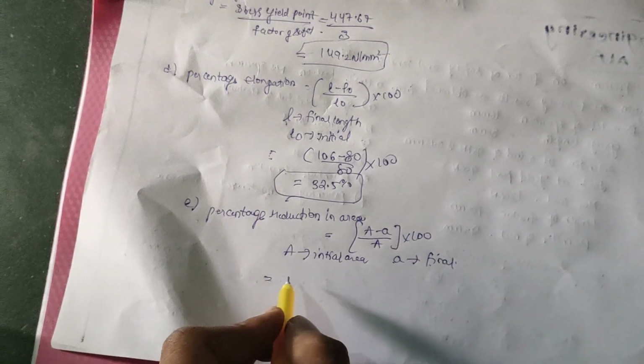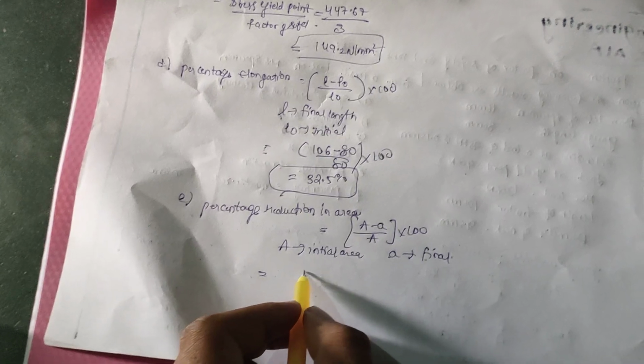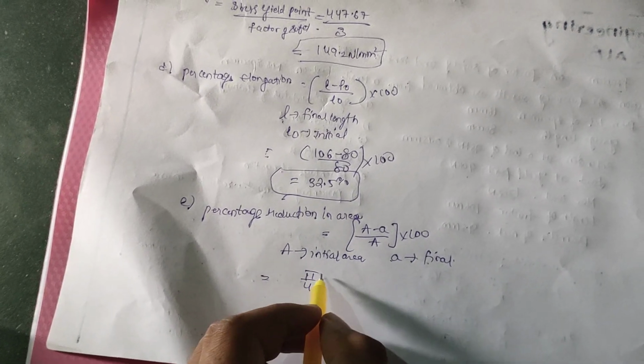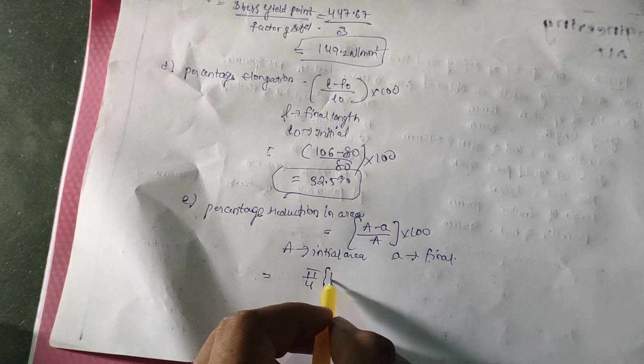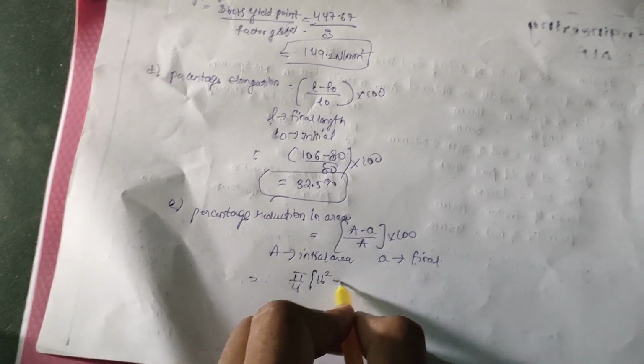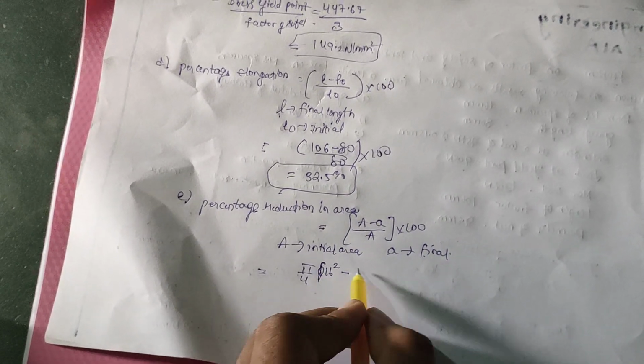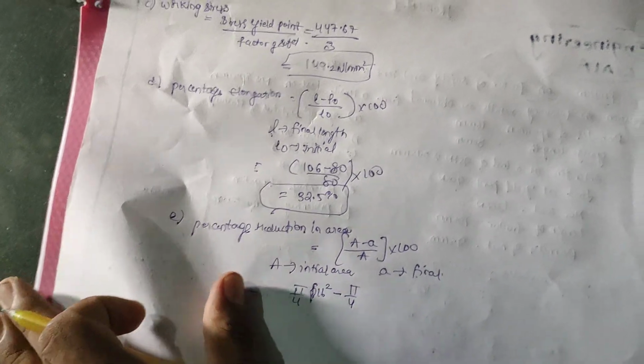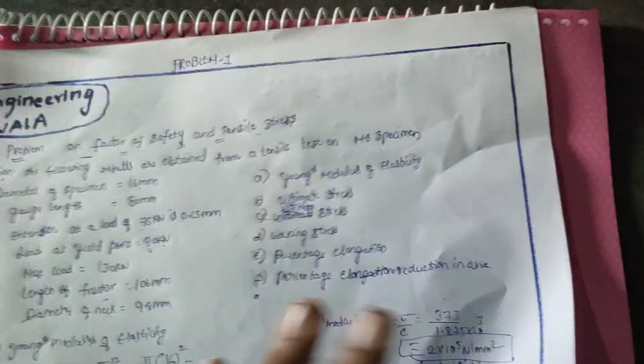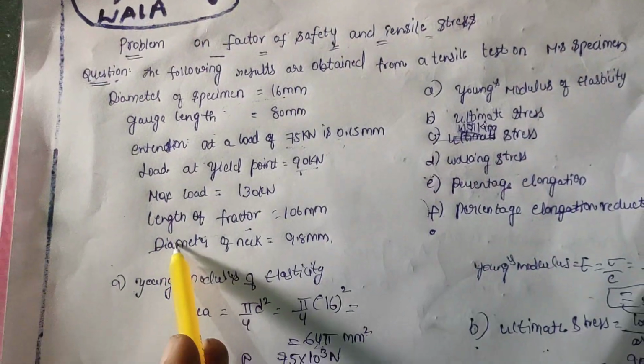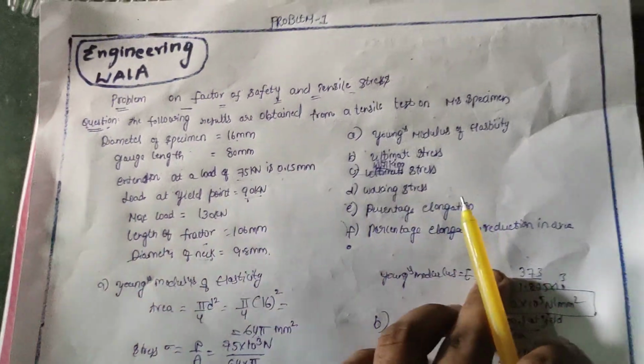Initial area is pi by 4 into 16 square, minus final area pi by 4 into 9.8 square, the final diameter of the neck being 9.8 mm.